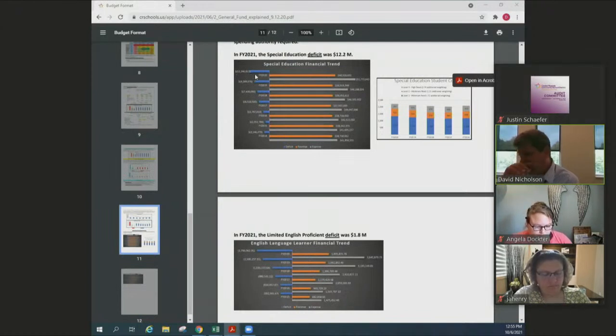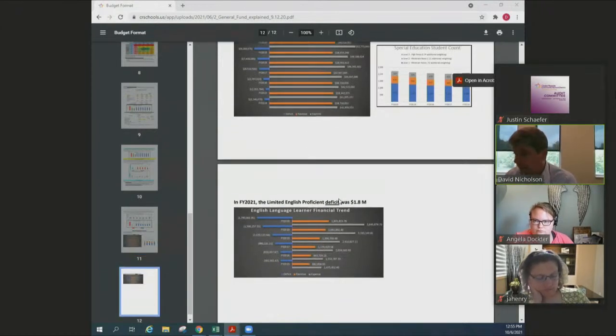I believe when you did it on a per pupil basis, we weren't number one. We were in the top 5 last year, but we weren't number one when you broke it down per pupil. But I'm sure we're still number one in dollars. I don't know where we're at on a per pupil basis this year, but I'm sure we're still in the top 5, but I'm not sure if we pushed to number one or where we're at on that list.